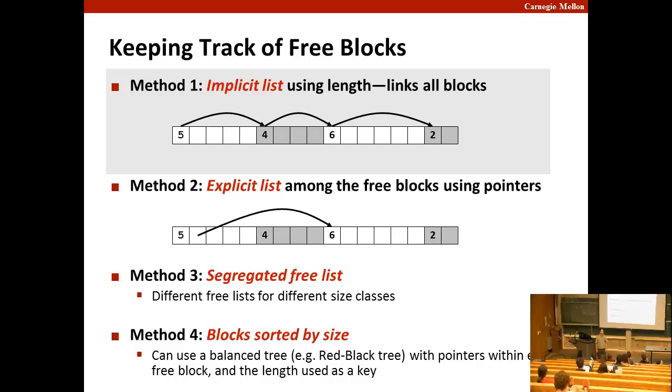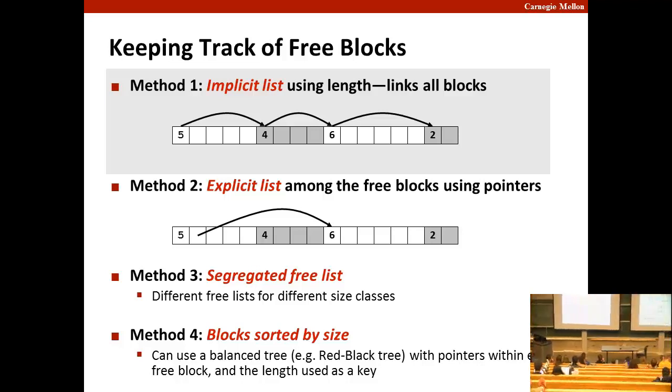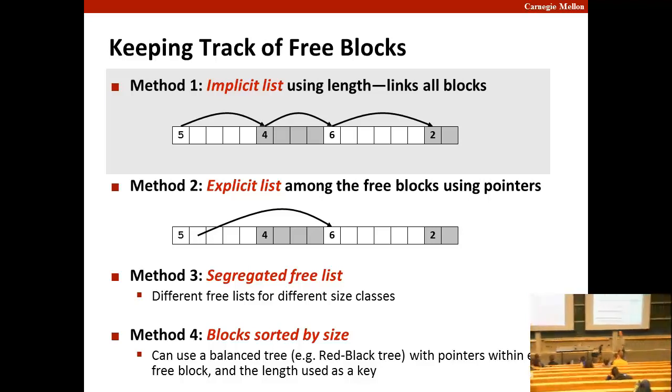So the idea is that we create small, medium, and large size classes. Or, super small, small, medium, large, and huge, or whatever. I create lists of several different sizes, and I figure out which list to look in. That way I'm only looking at things of approximately the right size, and my search goes faster.